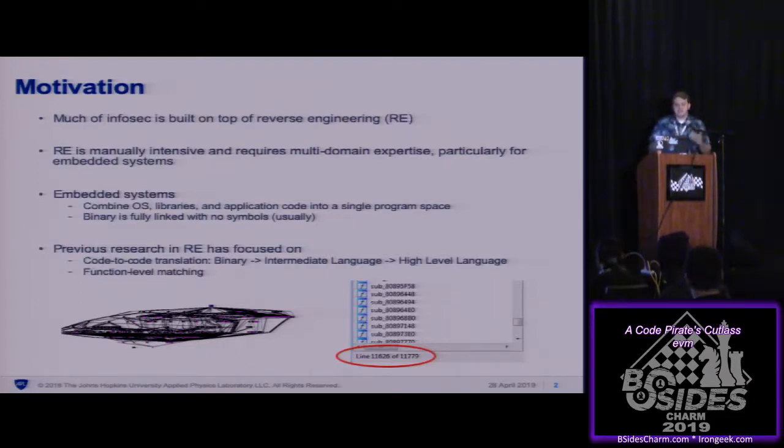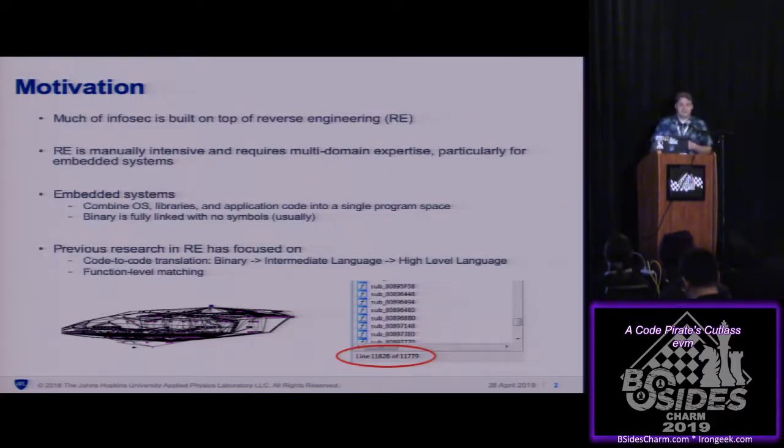Ghidra just came out, and it has a built-in decompiler that's based off of P-code. Hex-Rays, of course, has had their decompiler out for a while. Generally, the way these work is you take the binary and convert it to some intermediate language, and then that gets converted to a high level language like C, right? That's your basic decompilation steps.